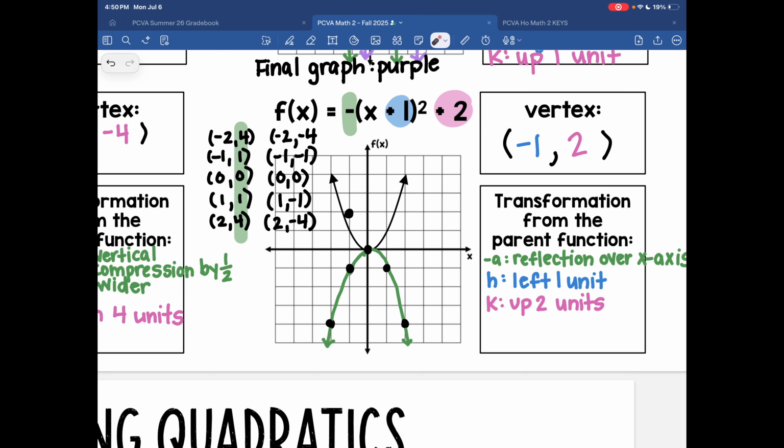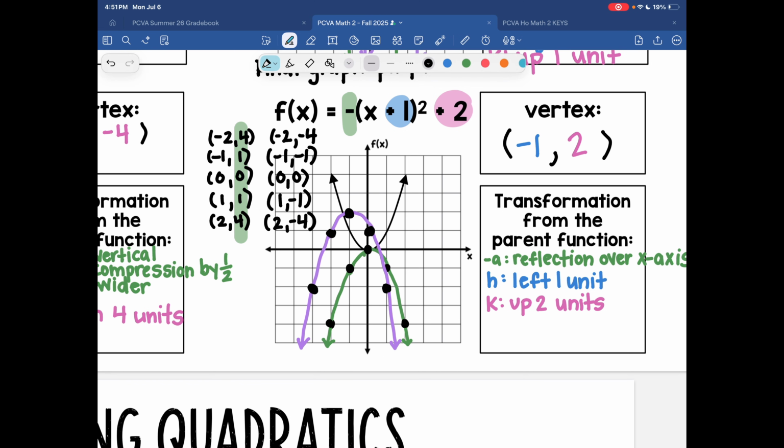Same thing, we're going to go left 1, up 2. New point. Left 1, up 2. Left 1, up 2. So my final graph in purple here, and there's my reflection over the x-axis, but then after the reflection over the x-axis, that's when it does the shift because of the vertex, and it goes left 1, up 2.